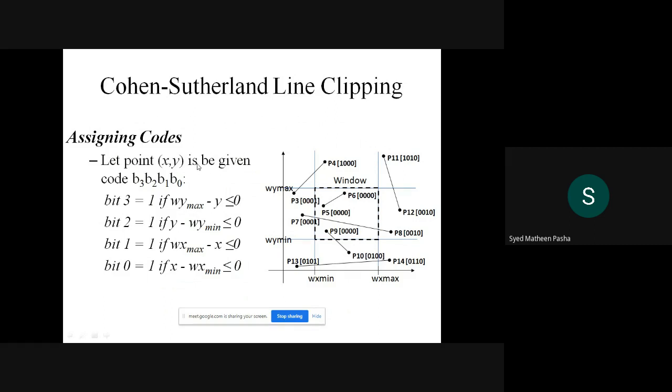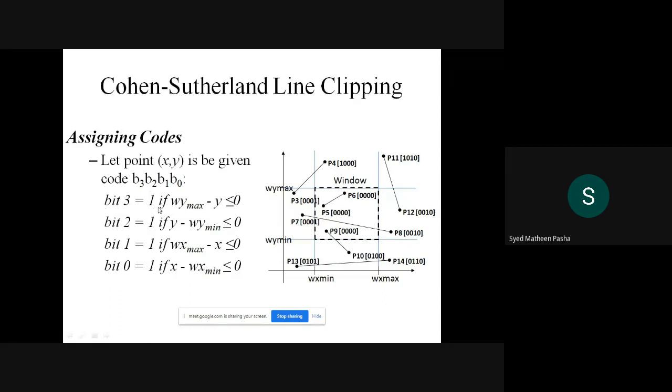This is an additional point you need to remember: how to assign codes for each point. Let point xy be given a code. As I told, there are 4 bits you assign with respect to the line. What is the condition for bit 3, that is the last bit?